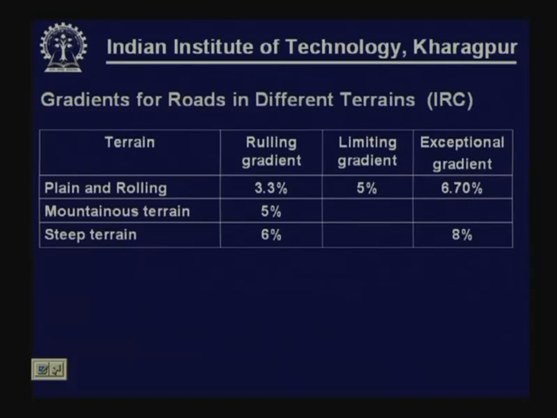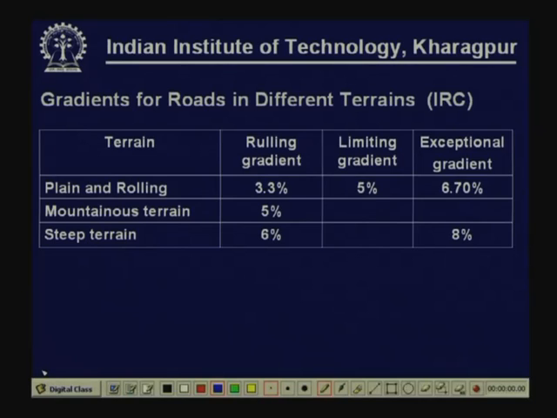Now, it depends on terrain condition, and there are three types of gradient: ruling gradient, limiting gradient, exceptional gradient. This table shows the values for plain terrain, mountainous terrain, and steep terrain.